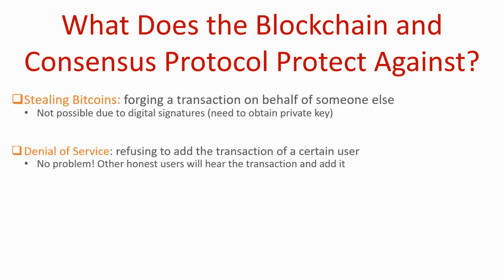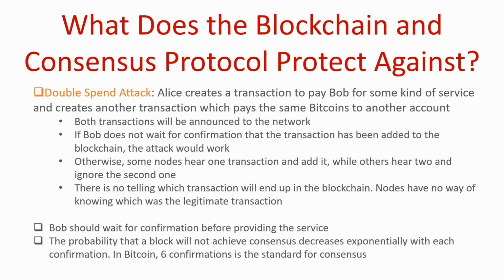The answer is no. Because even if a single miner denies service to Bob, there are so many other miners in the network and they have no reason to do the same. So they can then include the transaction on behalf of Bob. So if one miner acts in a dishonest way, there are other miners in the network that can operate honestly. So a denial of service attack is also very difficult to execute.